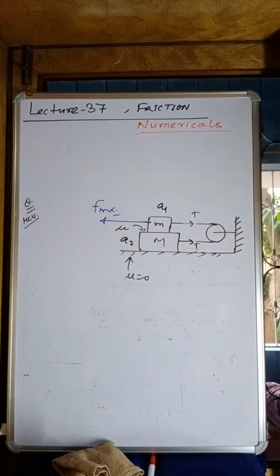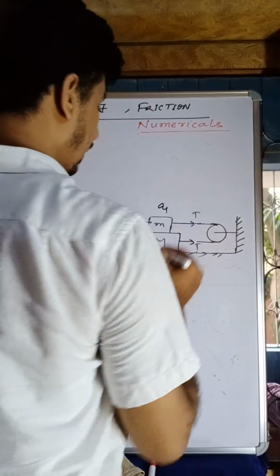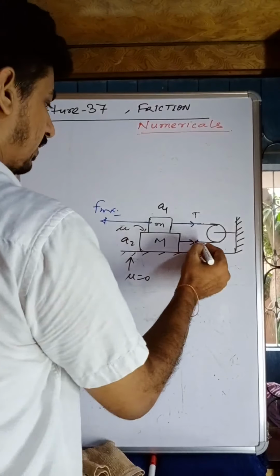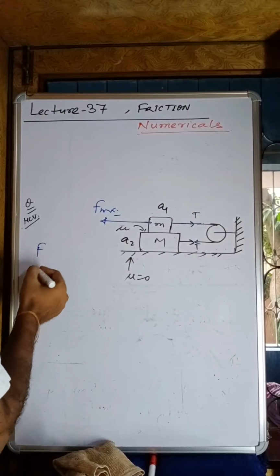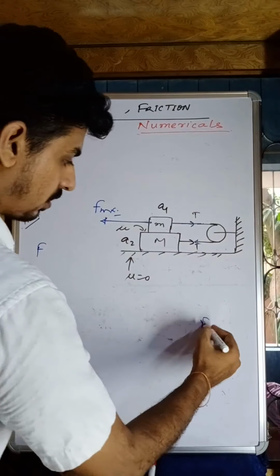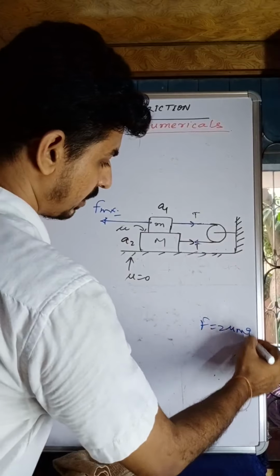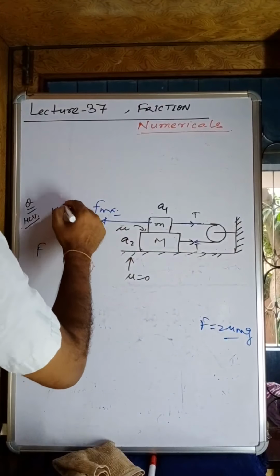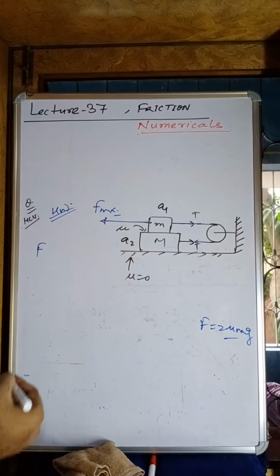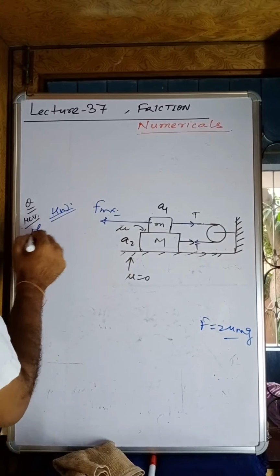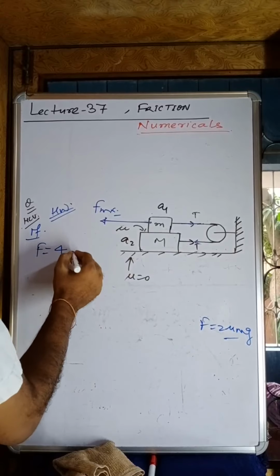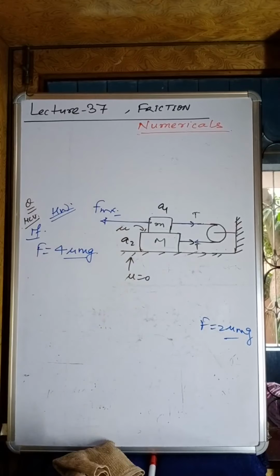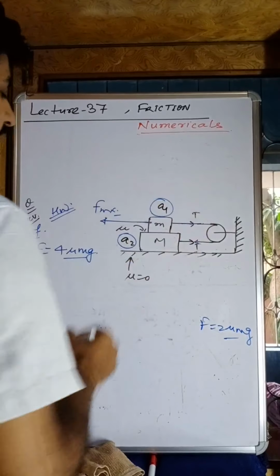What we got as F max in the first situation, you can rewind the video and see, was 2 mu mg, that we calculated. Now in this question, this is your homework. The question is, if F is equal to 4 times mu mg, then what will be the acceleration of the two blocks? You have to find A1 and A2.